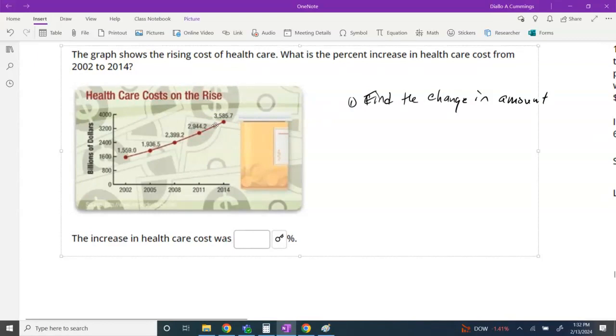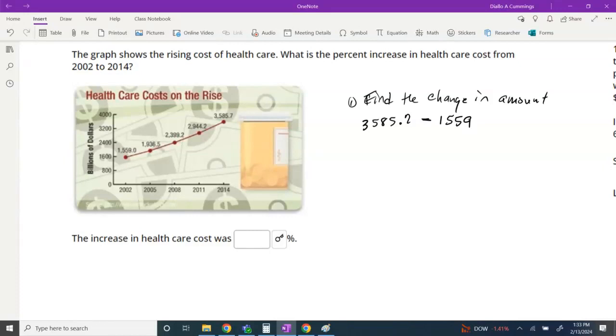All right, so if we look at 2014, it seems like 3,585.7 was the estimated healthcare cost in billions. So that's 3,585.7 minus the healthcare cost in 2002, which looks like 1,559.